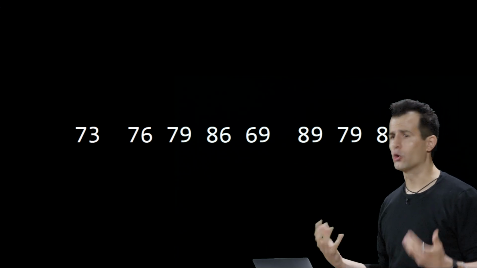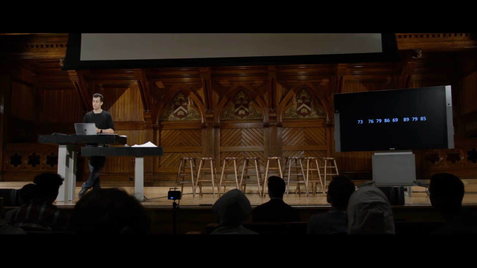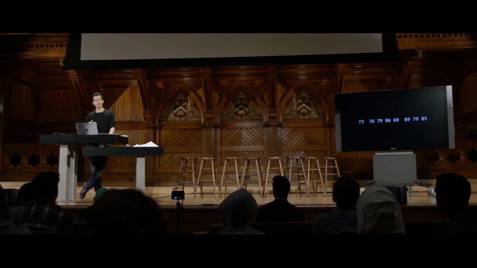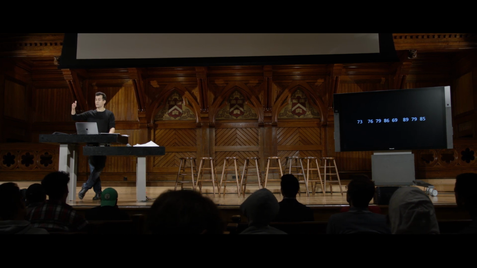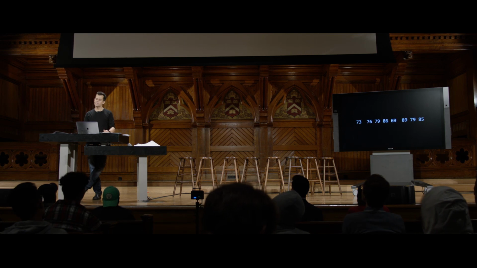I performed an algorithm on it, and at its simplest, an algorithm can just be math, simple arithmetic, as we've seen. So let me use my secret key of 1, and let me make sure that my crush knows that I am using a secret value of 1, so he or she also knows to expect that value. Before I send my message, I'm going to add 1 to every letter. So 73 becomes 74, 76 becomes 77, 80, 87, 70, 90, 80, 86.